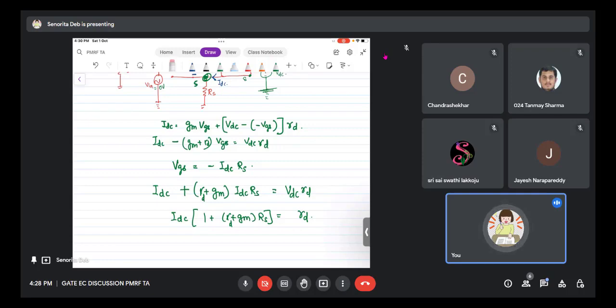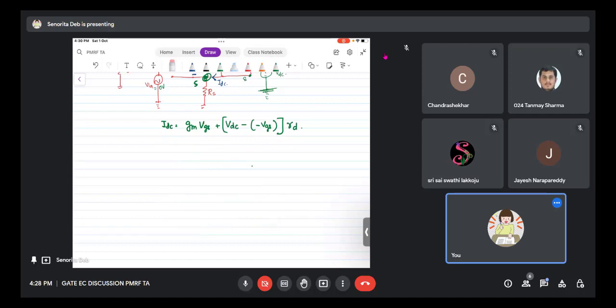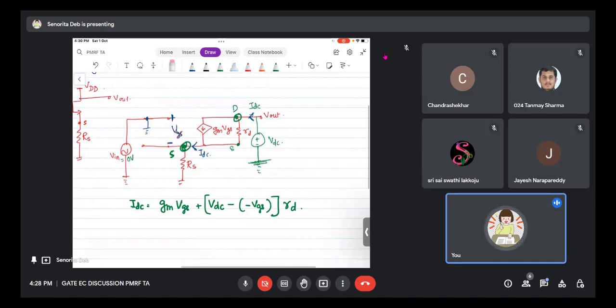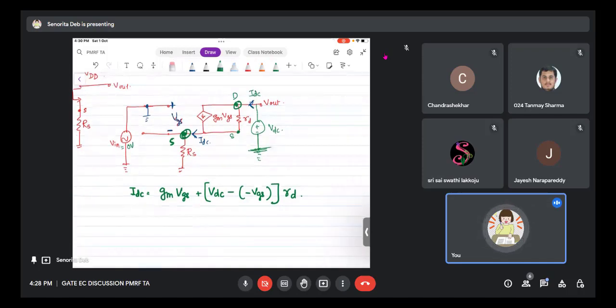Let me just solve it once again from here. One KCL I have put in D. When I put the KCL in D, I get IDC equals GM VGS plus VDC minus of minus VGS, divided by RD, this current. The other equation is VGS equals minus IDC RS.